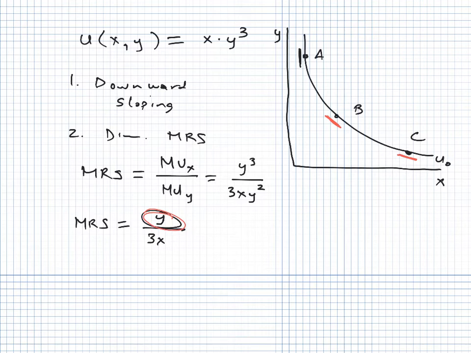So we've got a small numerator, a big denominator, and that means, again, our slope toothpick reflecting that MRS is going to be fairly flat. So we know for sure that we have the 2 conditions met, downward sloping and diminishing marginal rate of substitution. That tells us we can use Lagrange's method, and so on the next slide, we'll see about setting up that problem.